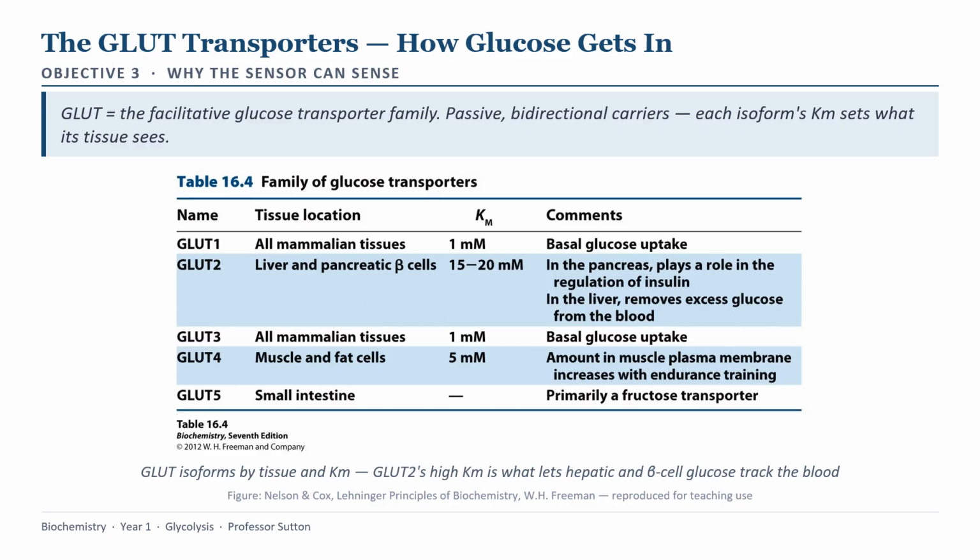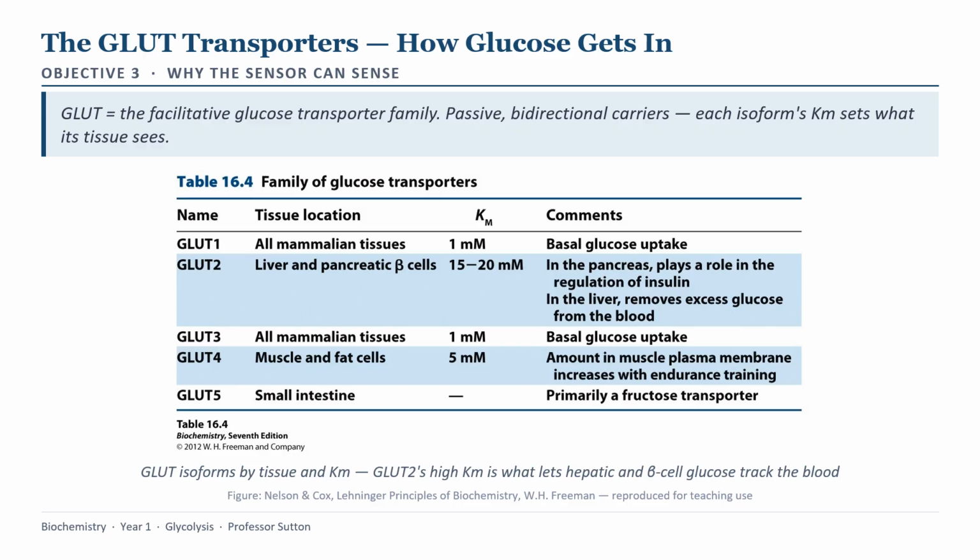GLUT is the facilitative glucose transporter family, passive, bidirectional carriers, moving glucose down its concentration gradient. No ATP. Each isoform's Km determines what its tissue effectively sees. The ones you are asked about: GLUT1, red blood cells, blood-brain barrier, cornea, low Km, so uptake is constant and guaranteed.